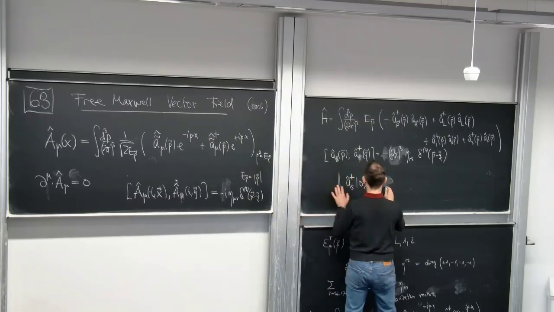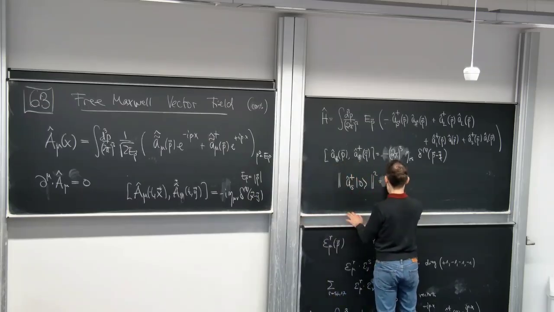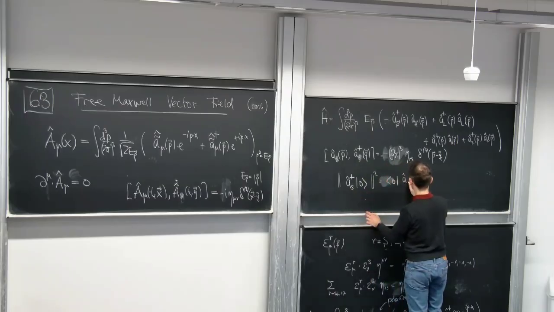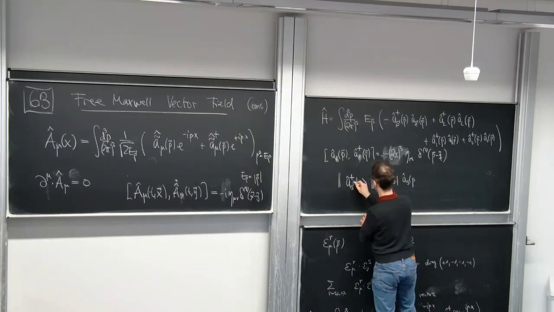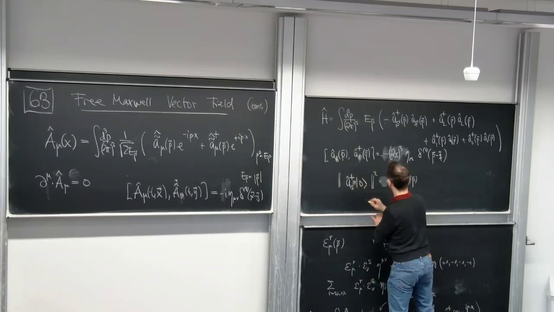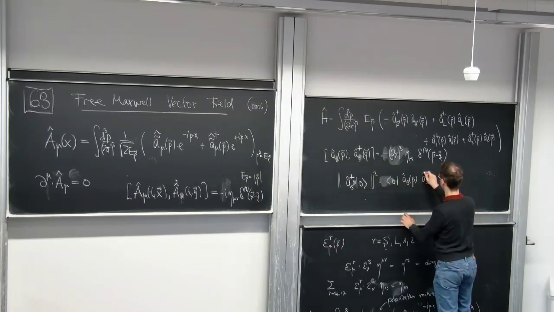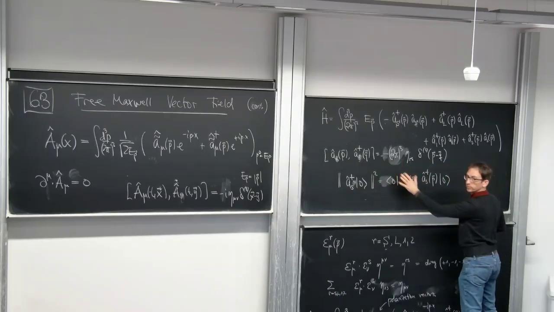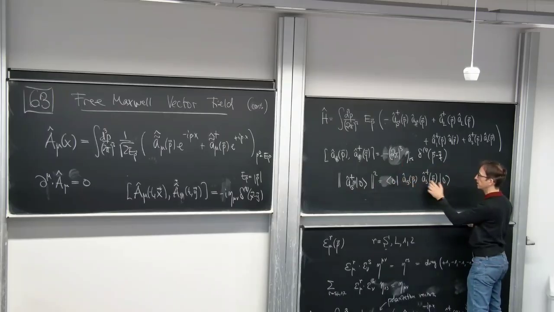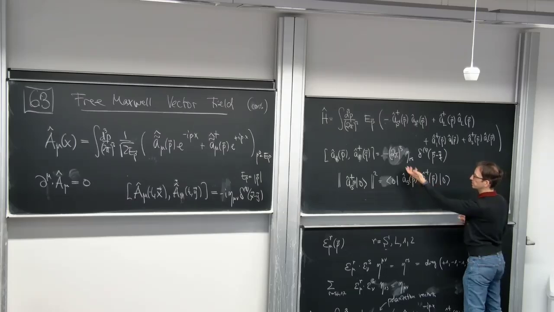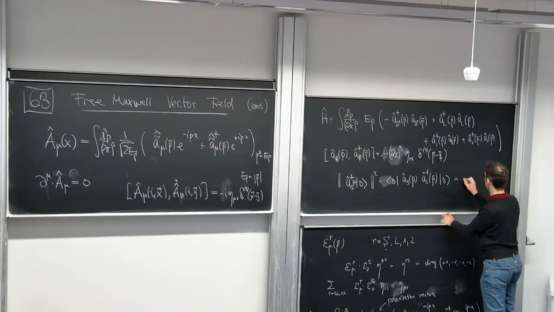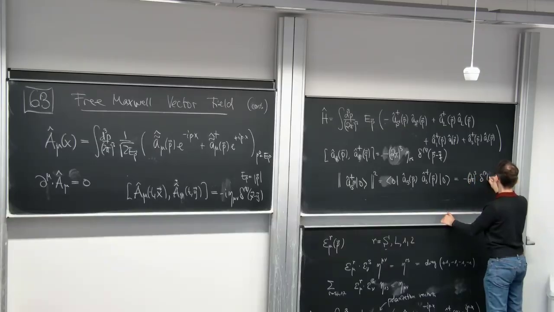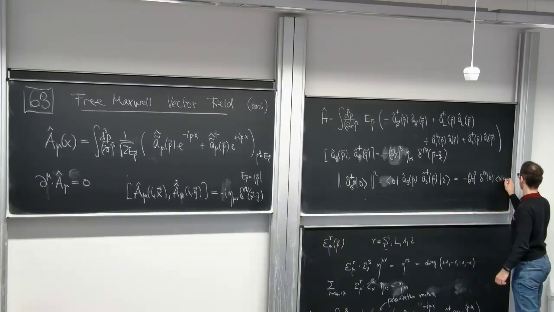If I do this norm, then this is the complex conjugate a_s dagger p, and then a_s p acting on the vacuum. Now we evaluate this using the commutation relation, turn them around, and a kills the vacuum, and the commutator is what's left, and the commutator is minus 2 pi cubed, and then it's also delta of 0.